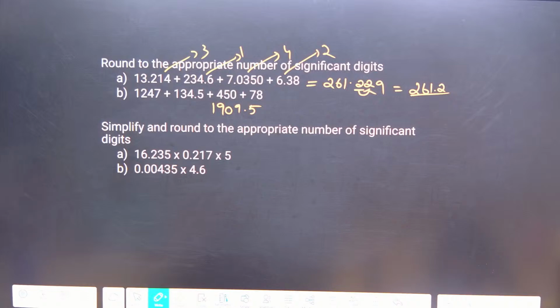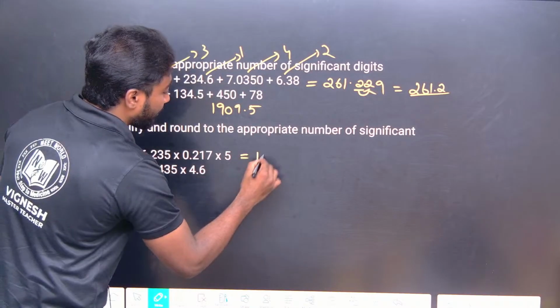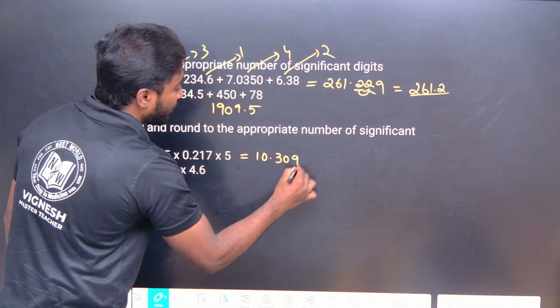The next number, what will come? 10 power something should come, no? So 16.235 into 0.127 into 5, 10.3. It is 10.309225.